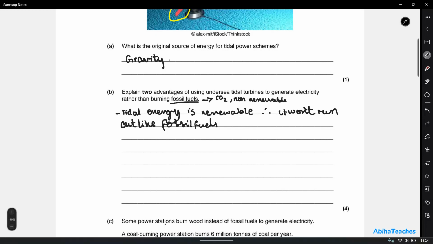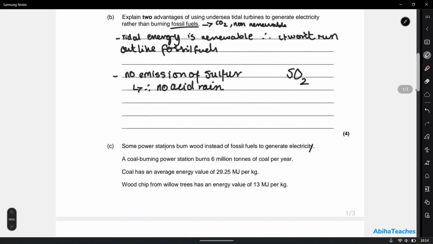But the one I'm going to go for is that we're not emitting oxides of sulfur, so no acid rain. Now, we should know that sulfur dioxide, commonly written as SO2, can cause acid rain and respiratory problems. That could come up as a question as well.